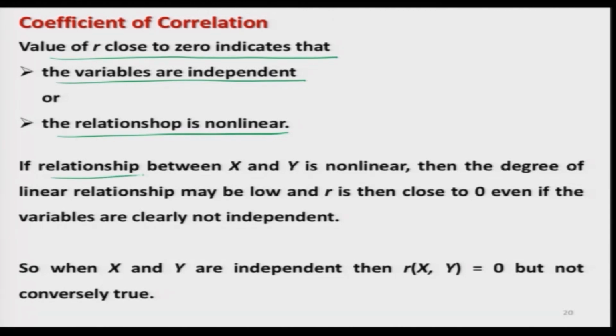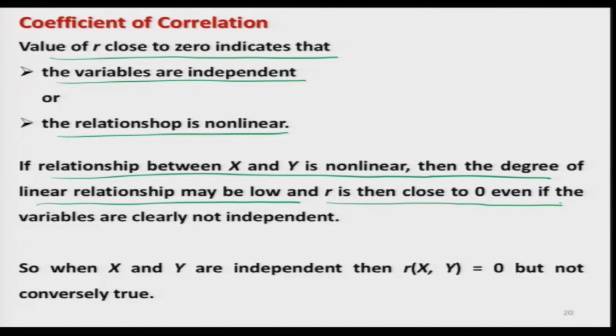If the relationship between x and y is non-linear, then the degree of linear relationship may be low, and that is why r is close to 0 even if the variables are clearly not independent. They may have some non-linear relationship, right.